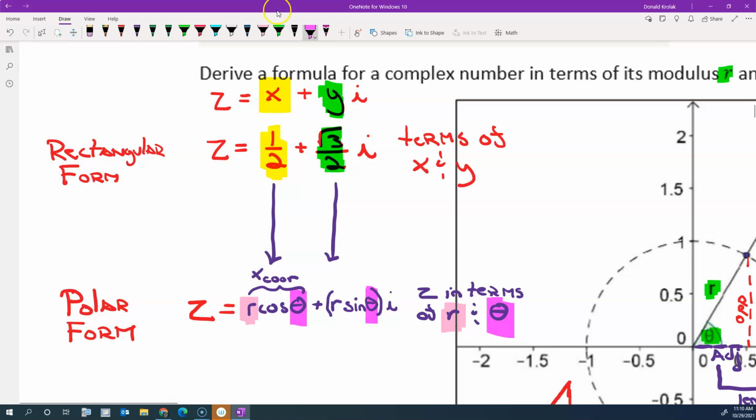Okay, so this part in parentheses, that's the same as your y coordinate.